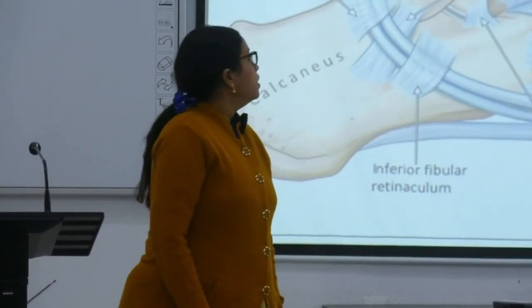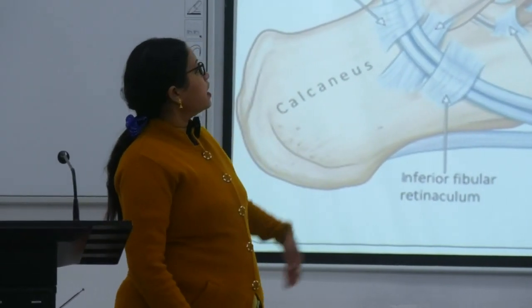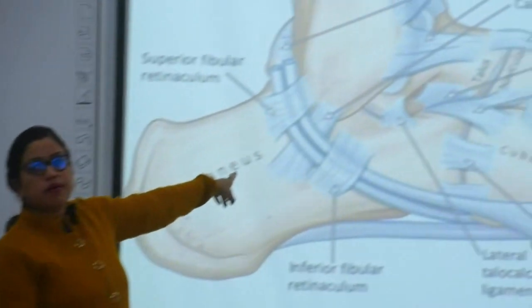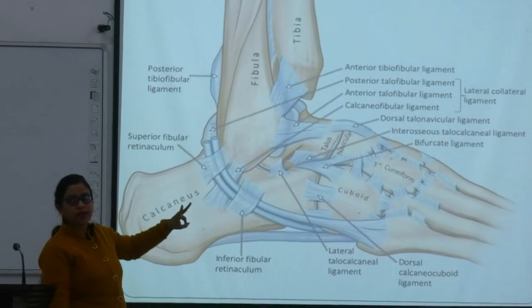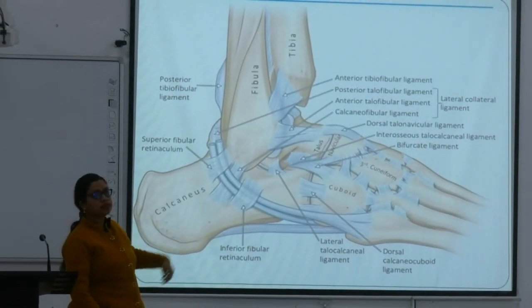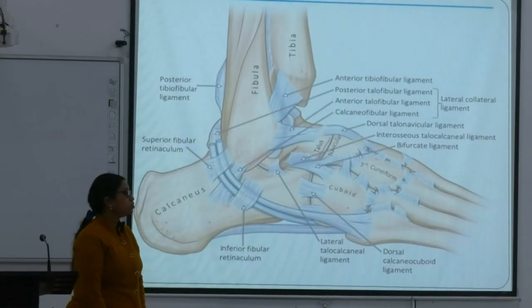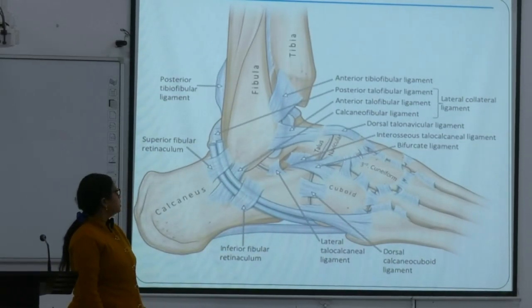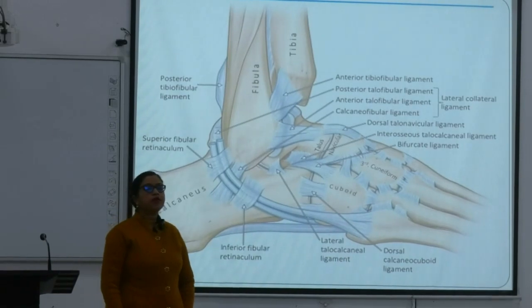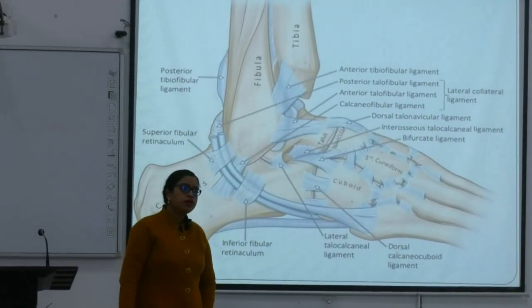Then the third one, the bifurcate ligament, as I told you. You can find it has two stems, anterior, and one stem going posterior to the calcaneum. So these three are the ligaments of the talocalcaneonavicular joint.